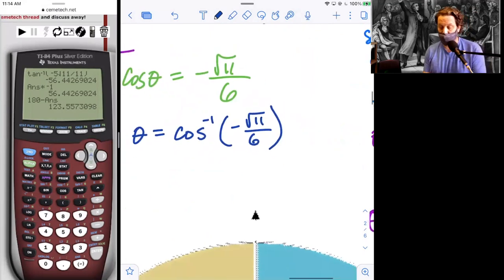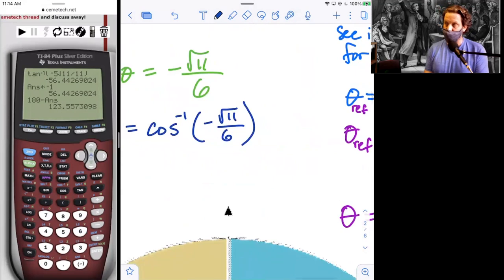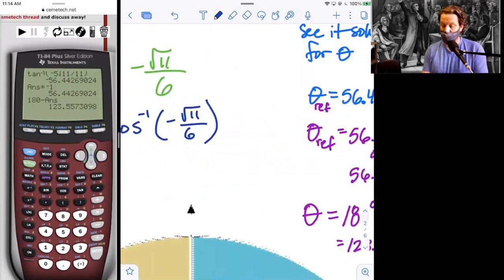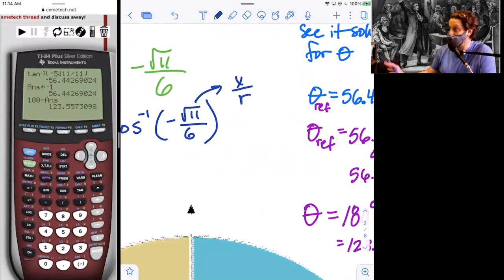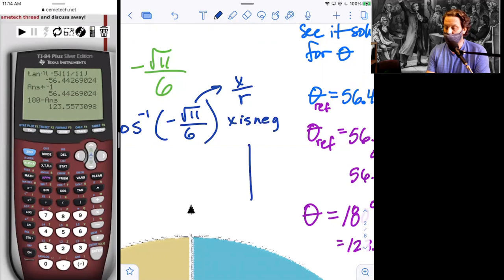Now before I do this, let's try and predict where the calculator is going to give me an angle. Remember, this is your cosine ratio, it's x over r. And because it's negative, since r has to be positive, it's negative because x is negative, right? Which two quadrants is x negative in?